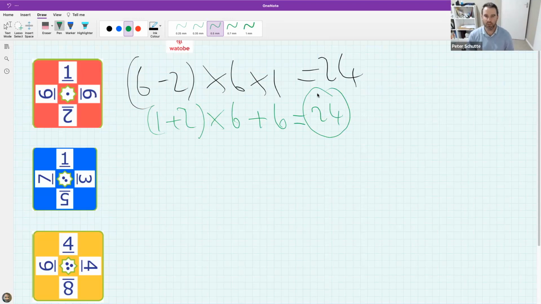Anybody know with the blue or the yellow? I was thinking for the blue one, couldn't we go 7 plus 5 to give us 12?